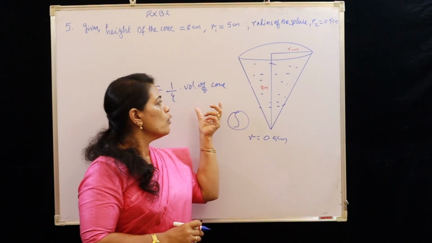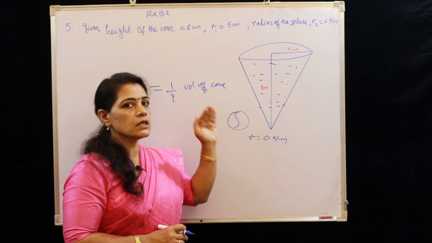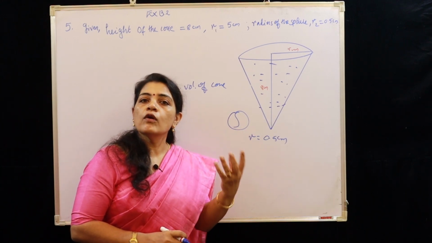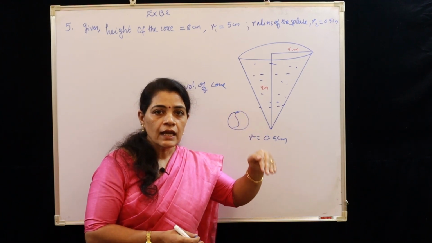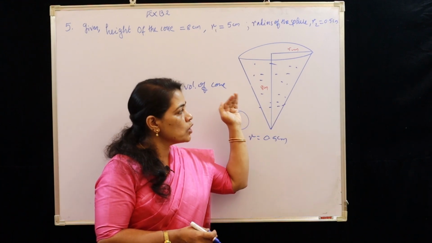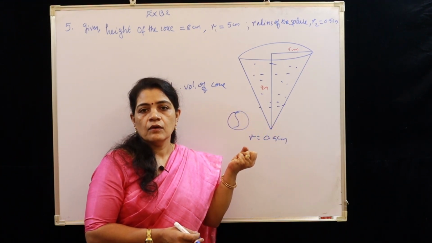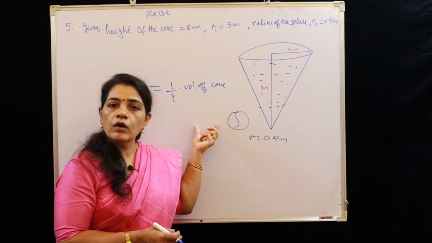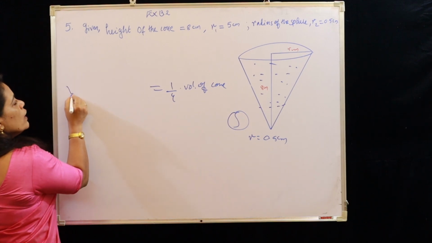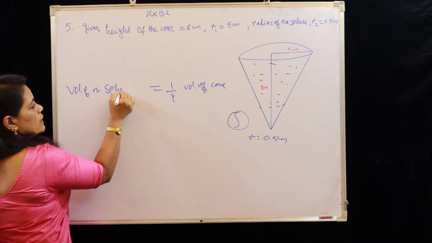That means the volume of water which flows out is equal to the volume of n lead shots, because that many lead shots we dropped into the vessel, and they take up space. So this volume is equal to the volume of n spheres.